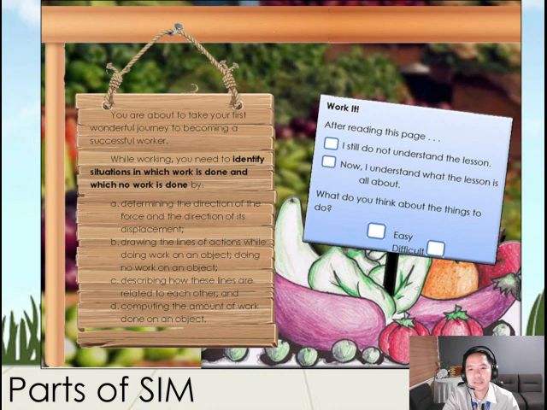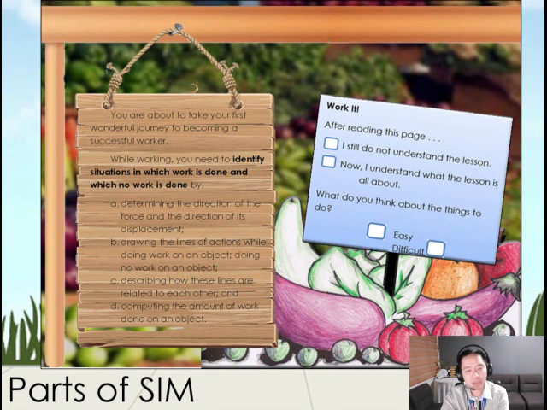Here is the specific objective while working. See, I am using here the relevant word while working since it has something to do with the word work. You need to identify a situation in which work is done and in which no work is done. Here are the specifics of the objective. Then here: after reading the page, I still do not understand the lesson. Now I understand what the lesson is all about.